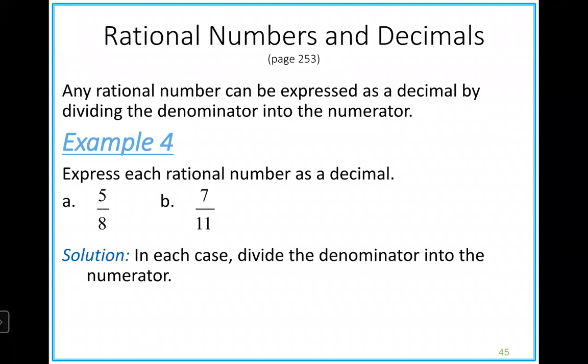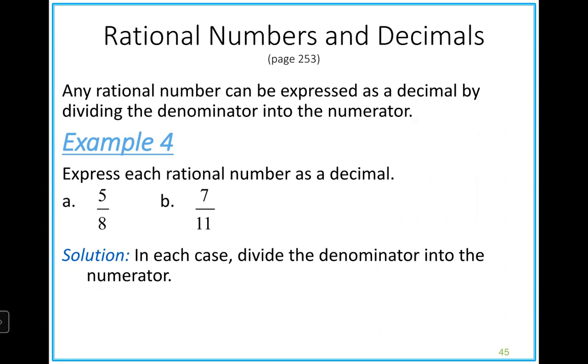Now, here it says any rational number can be expressed as a decimal by dividing the denominator into the numerator. So we have some examples here. Express each rational number as a decimal.